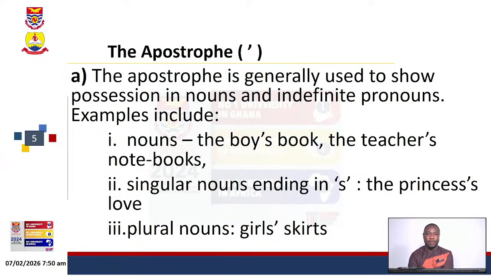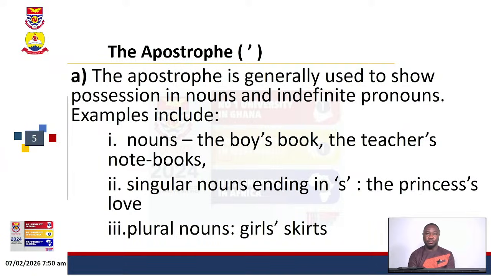Okay? So the first instance, now, you have the boy's book. Boy is a noun. Book is a noun. Who owns who? The boy owns the book.